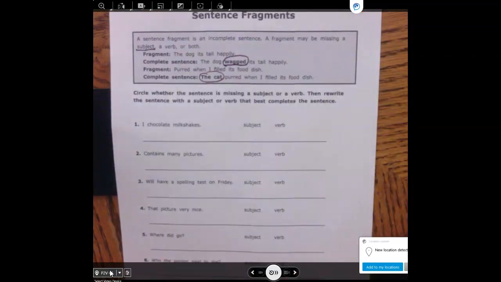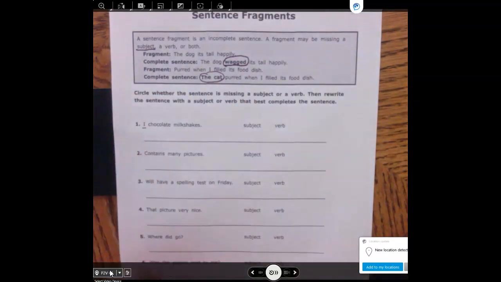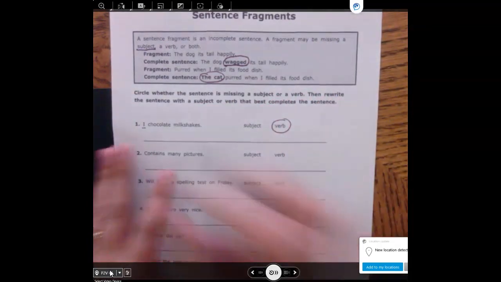Number 1. I chocolate milkshakes. I'm pretty sure it's missing something. So does it have the subject? So who? Well, the who is I, right? But it's missing the verb. Well, what about chocolate milkshakes?